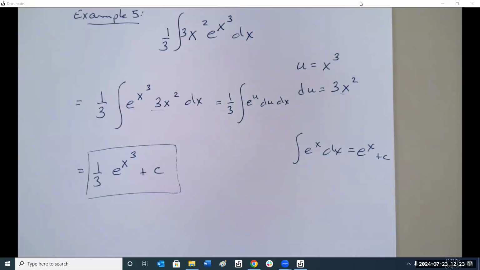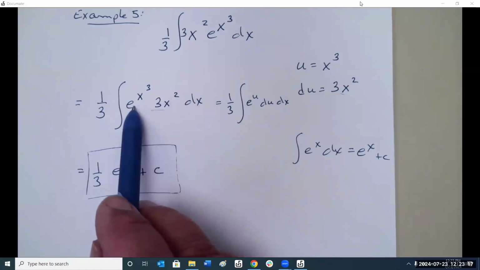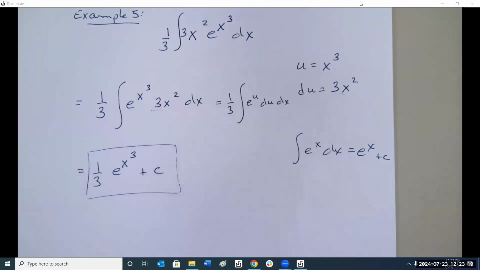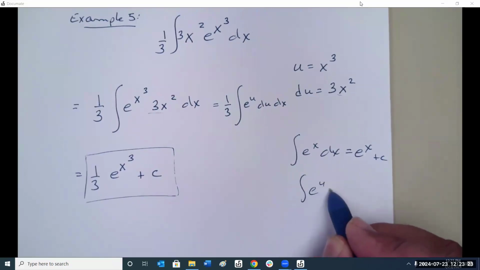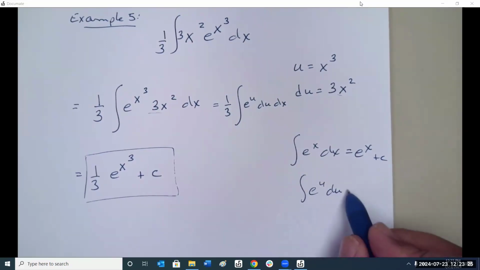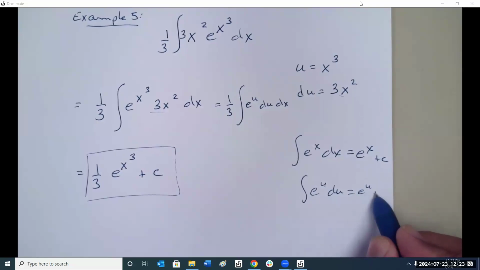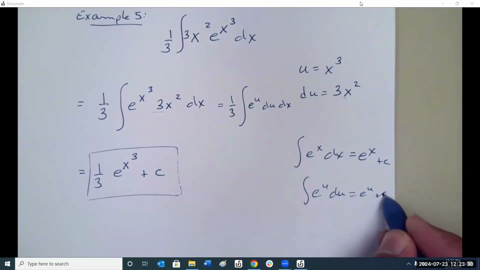As long as we have e to the u du, since the derivative of e to the u is e to the u, the integral is going to be e to the u. If we have that, the integral is e to the u plus C.